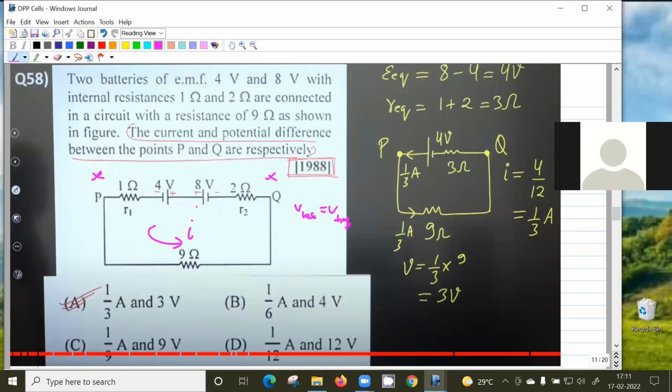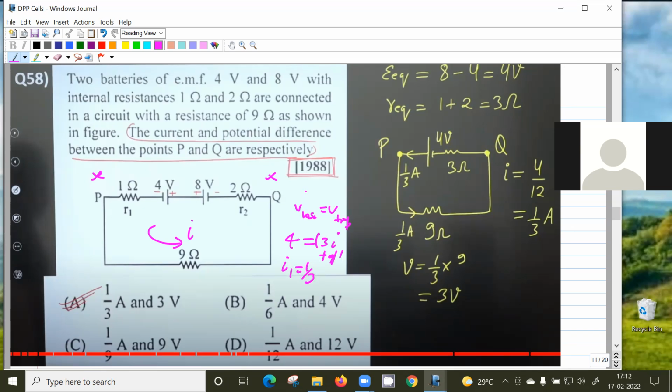Going along this loop, the potential rise will be 8 minus 4, that is 4, equal to the drops. Along the direction of current there will be a drop: 2I1 plus 1I1, that is 3I1. Sorry, the 9 is there, no? So it's 3I1 plus 3 plus 9, so this is 12. From this I get I1 as 1/3.